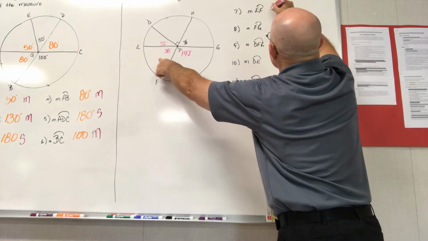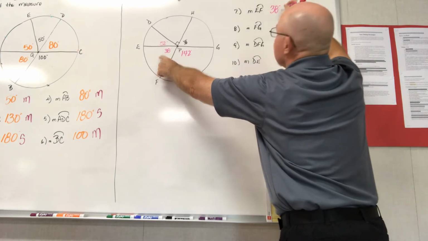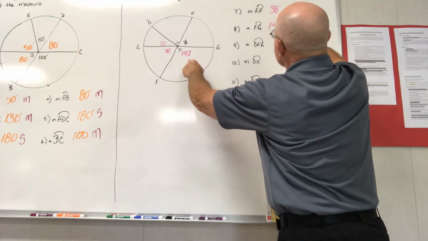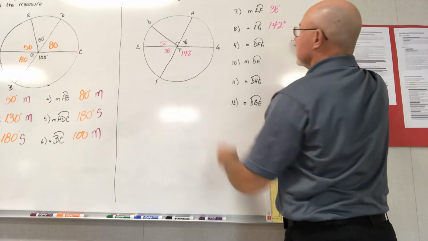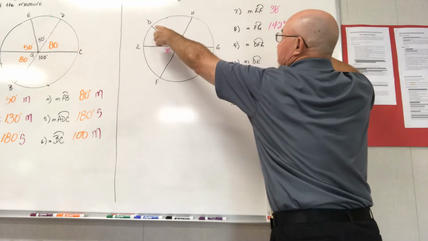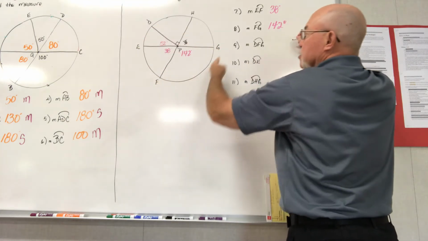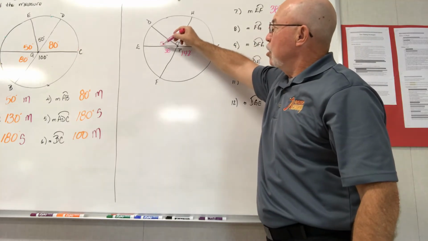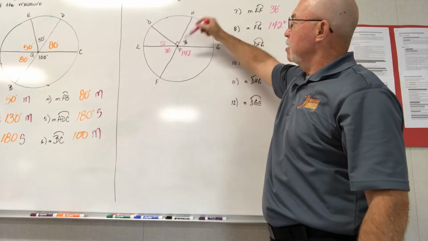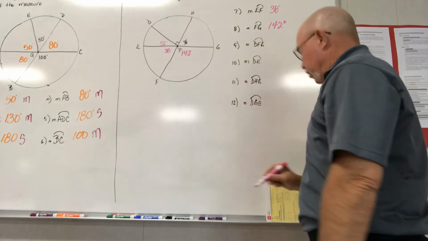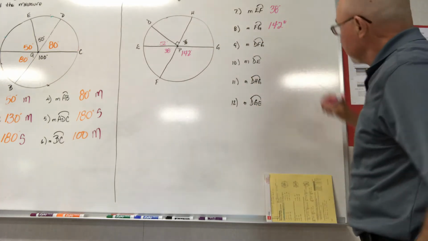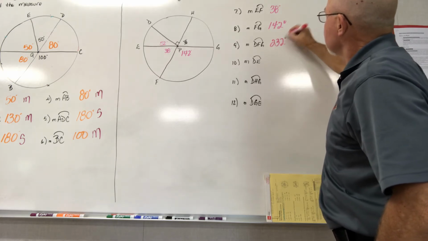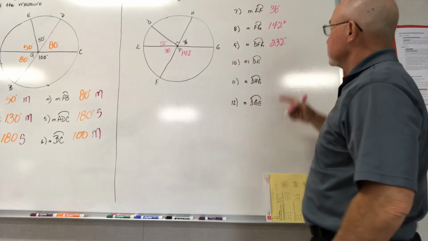EF, FG, DFG, there's a major, 52 plus 38 plus 142. Just add them up.